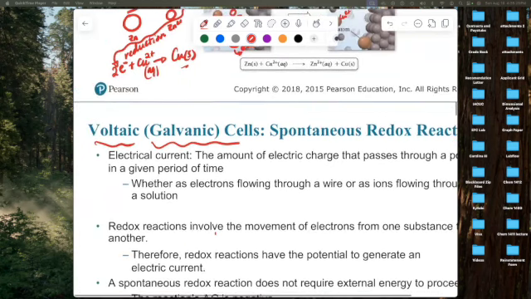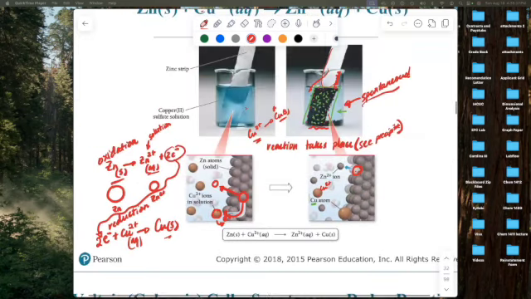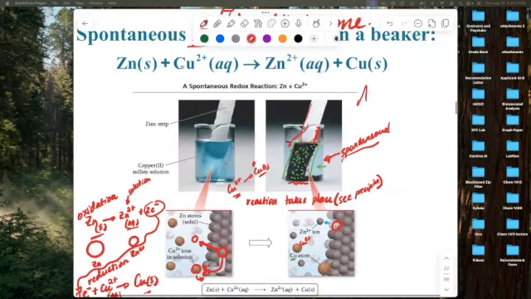I feel like as scientists, we're usually trying to find out what is in it for us. I mean, when I say us, I mean humans, right? As we observe the redox reaction here in the all-in-one container, the great thing about this is we're able to observe the redox reaction. The not so great thing about this reaction here is we can't really get much of value just by looking at this.